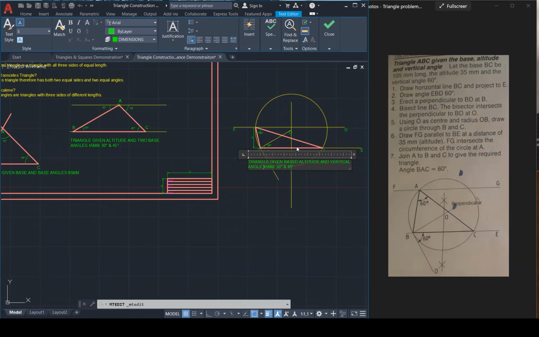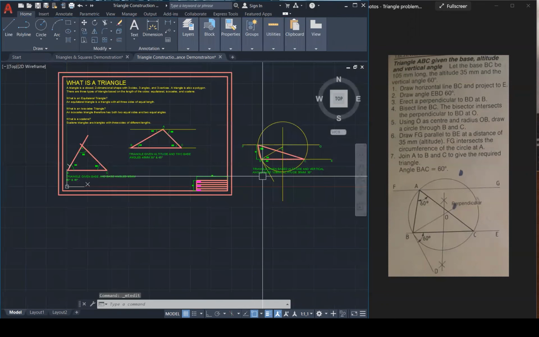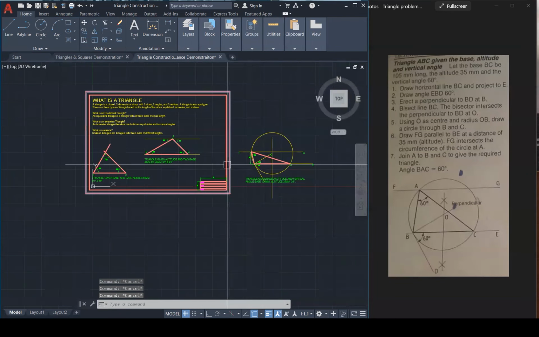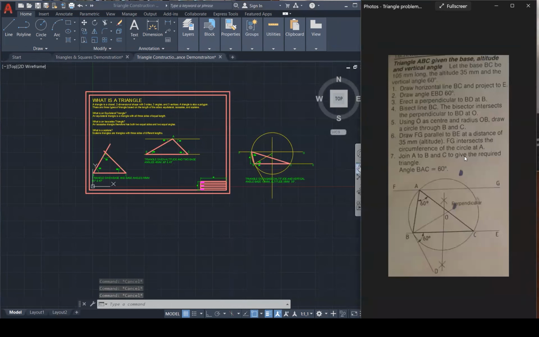So the base was 105, altitude was 35 mil. And the last thing was the angle. So, right. Yeah, so that's 3 done.